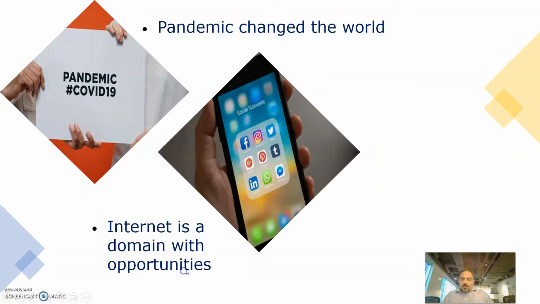A promising domain is internet, right? So internet, social media platforms, social networks, they are crazy. And our traditional fundraising, volunteer recruitment channels, they are kind of obsolete. We need to find alternative channels, and internet and social networks seems like an alternative for that.